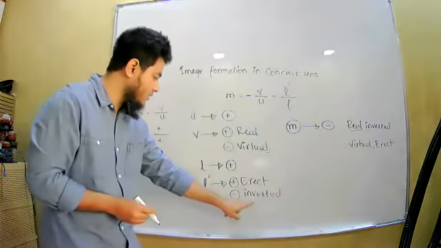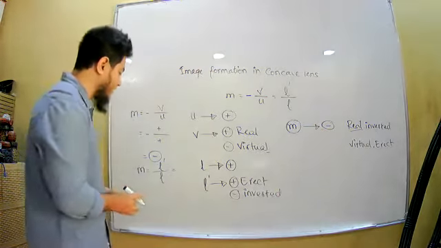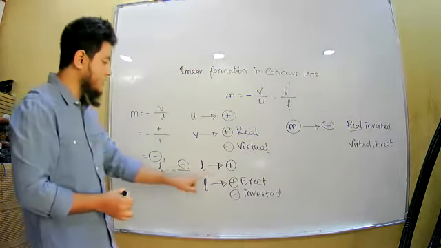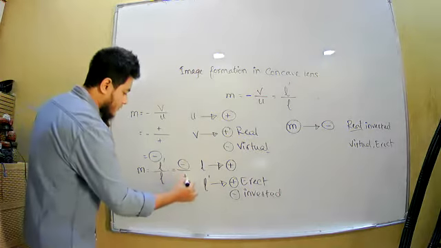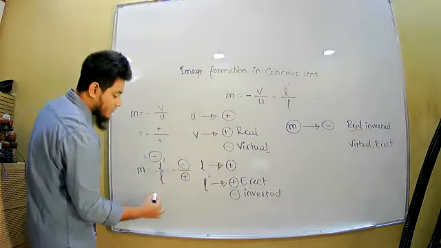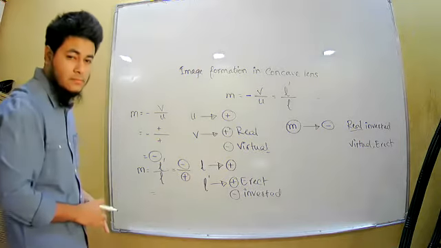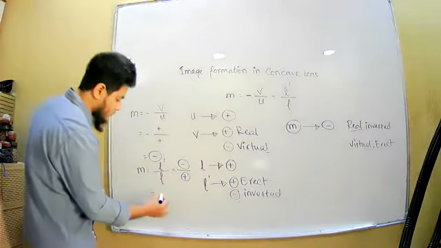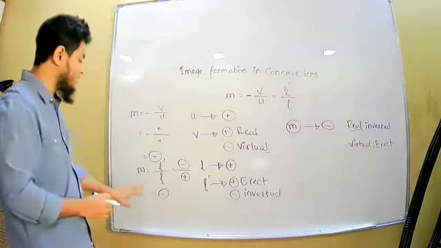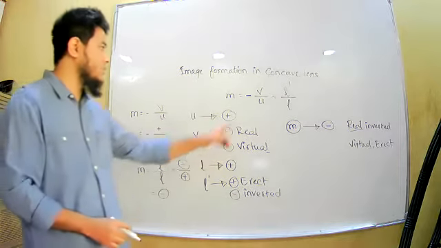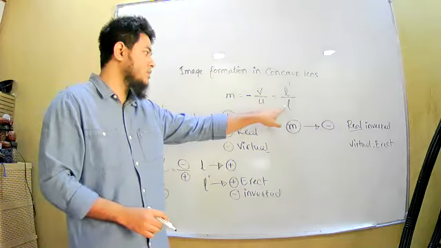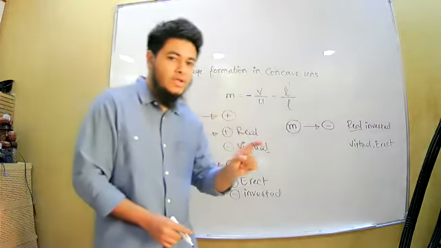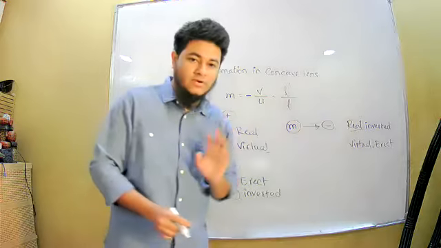So L prime is negative, and L we consider to be always positive. So positive by negative, what is the answer? Negative. So that is why magnification will be negative. Doesn't matter whether you use this equation or this expression, you will always get the magnification value negative when the image is real and inverted. Clear?